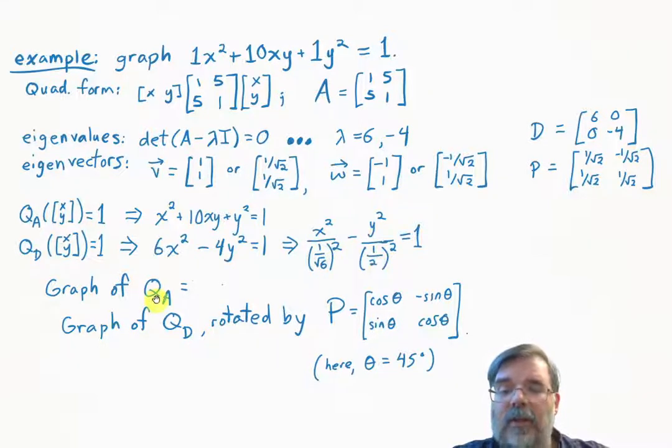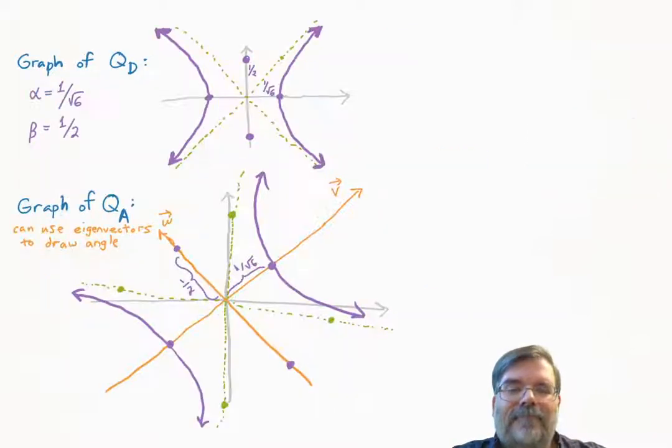And so the graph of QA is going to be the graph of QD. We just have to graph this and rotate it by this matrix. Our rotation matrix has this form with the cosines and the sines of theta. If you solve for theta, you're going to find out it's 45 degrees.